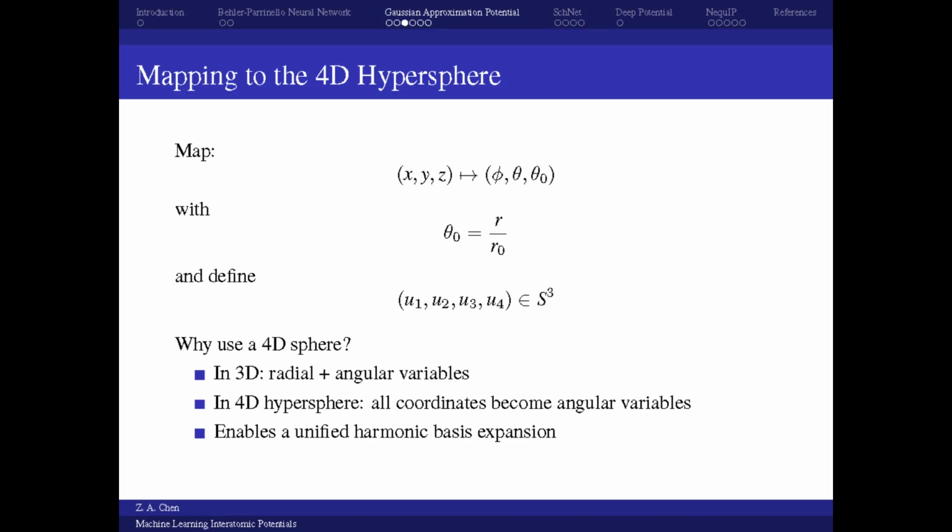The next challenge is rotational invariance. To solve this problem, the authors map the three-dimensional environment onto a four-dimensional hypersphere. The main motivation is that after the mapping, the problem becomes purely angular.